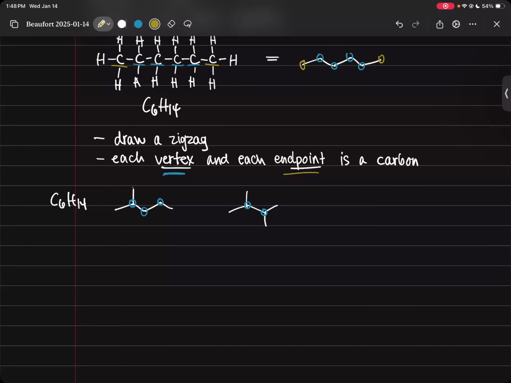And then endpoints, we've got endpoints here and all over that molecule. I know I haven't talked about hydrogens yet, but we'll get there.